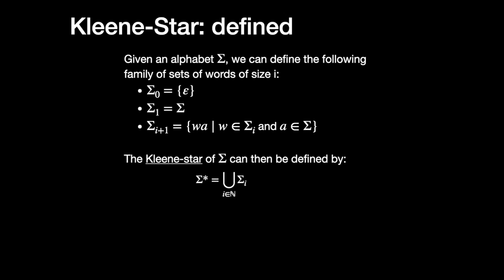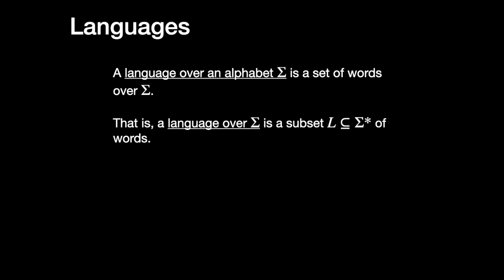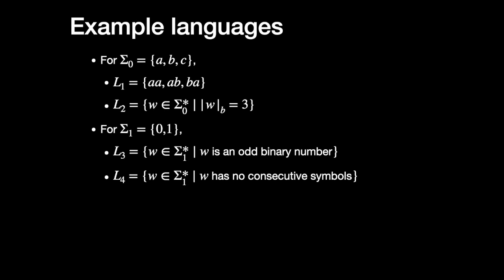We will now use this device to define formal languages. So a language is a set of words over an alphabet. In fact, the Kleene star, sigma star, is an example of a trivial language. It's just every single word that you can possibly think of over an alphabet. Let's consider a few example languages. Language L1 has only 3 words in it, AA, AB, and BA.